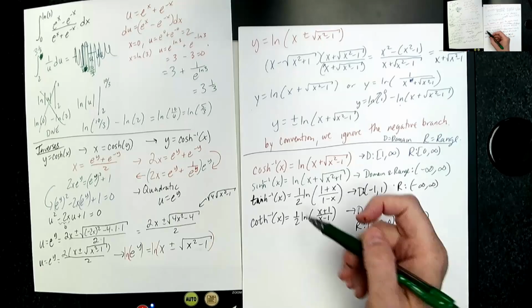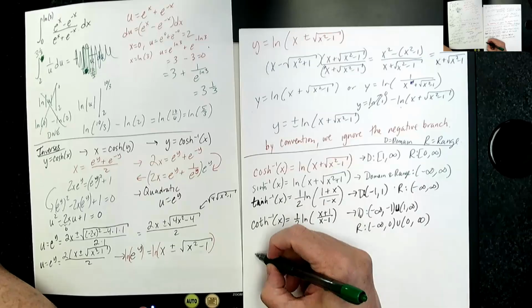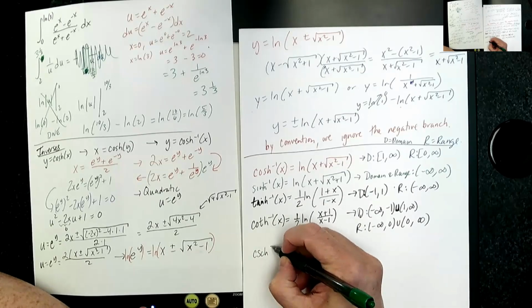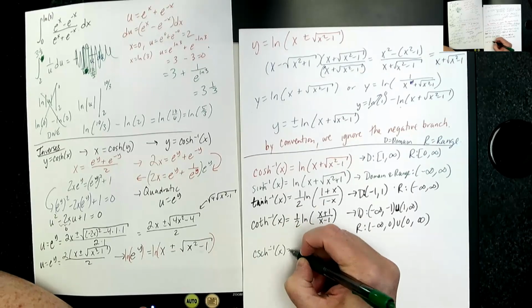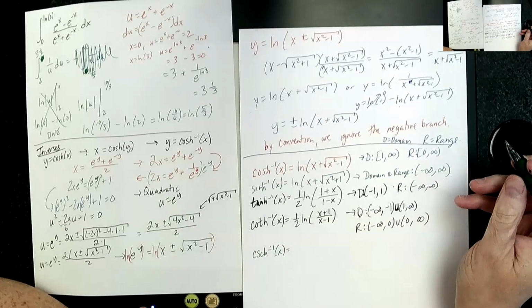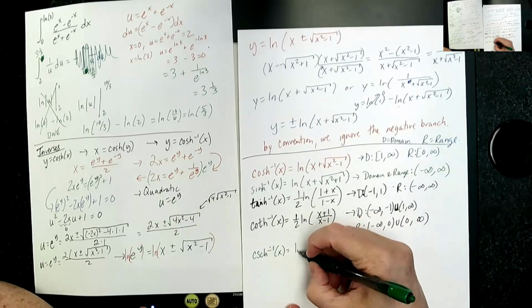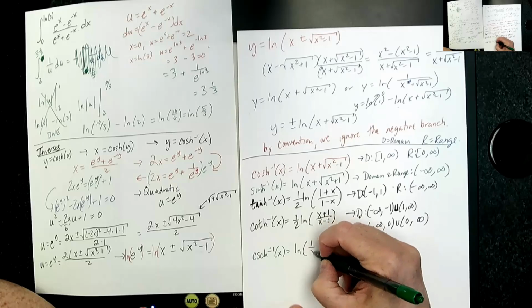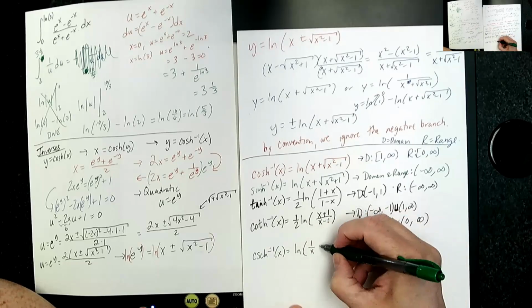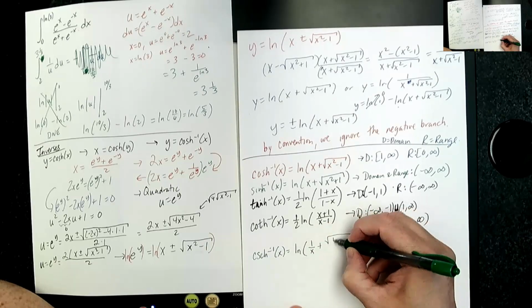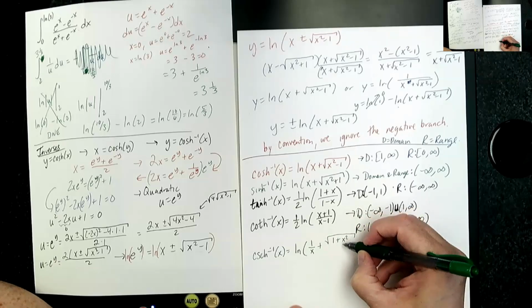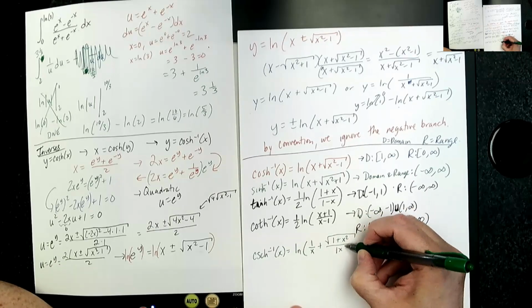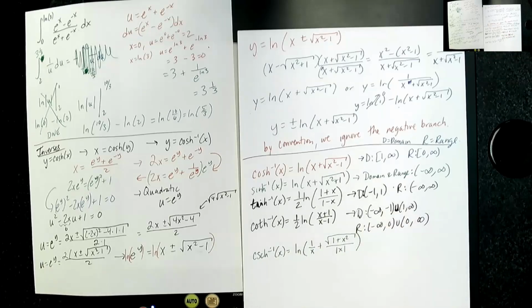All right, sinh goes with cosecant. I'll do that in green also. Cosecant inverse. What is this one's formula? Oh, you're gonna love this one. Natural log of 1/x plus the square root of 1 plus x squared over the absolute value of x. How about them apples?